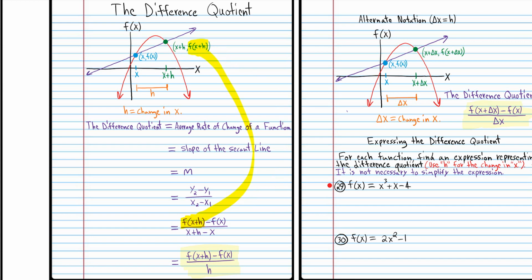That's the y value up here. The y value of this point is going to be f of x. That's y1. And the x value of this point up here is going to be x plus h. And the x value of the other point is going to be just x.